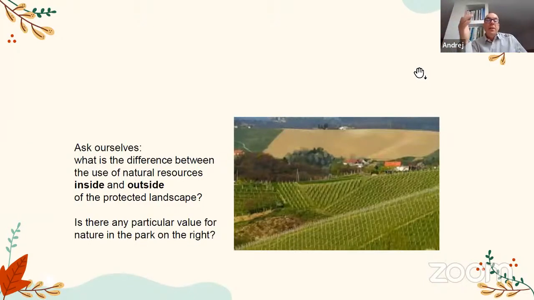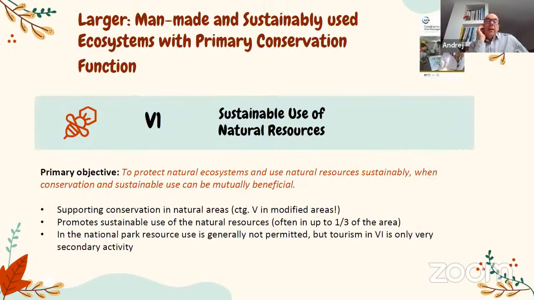So this, of course, is not an example of a protected landscape. Unfortunately, we are facing views and pictures like this quite often in our European home. Next slide, please.